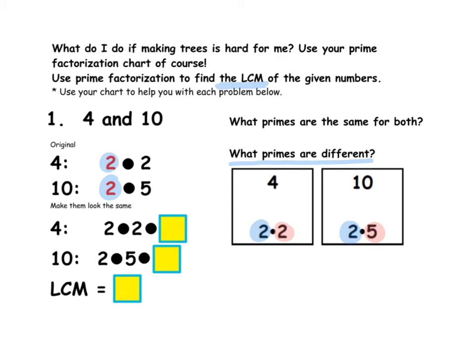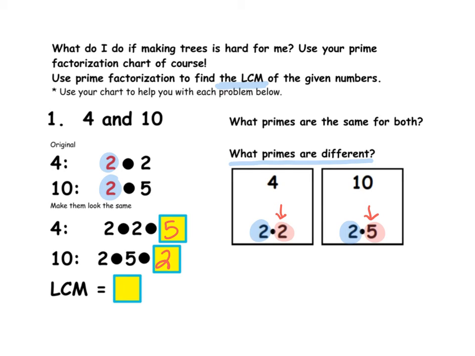To find the LCM, I simply multiply by what's extra on the other number. For example, that 4 has this extra 2. That means that I have to share that 2 with the 10. The 10 has an extra 5, so I'm going to share that with the 4.